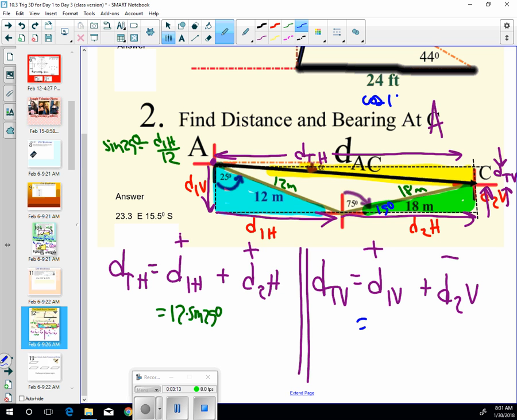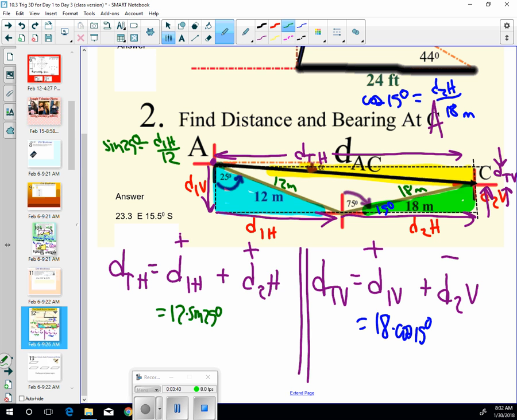So the cosine of 15 degrees is equal to the adjacent d2h over 18. Anybody confused with that? Is that all right? So then when I cross multiply, I'm going to get 18 times the cosine of 15. And then we do the other ones.